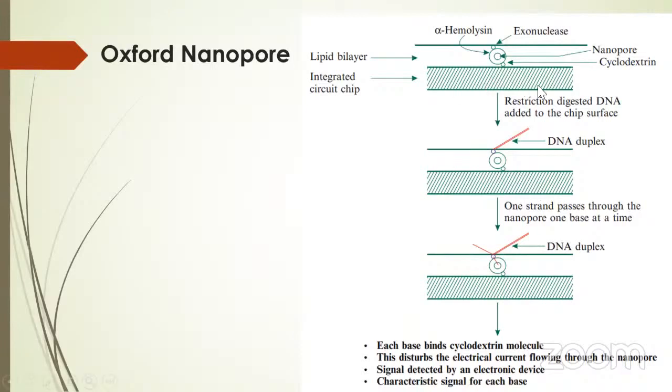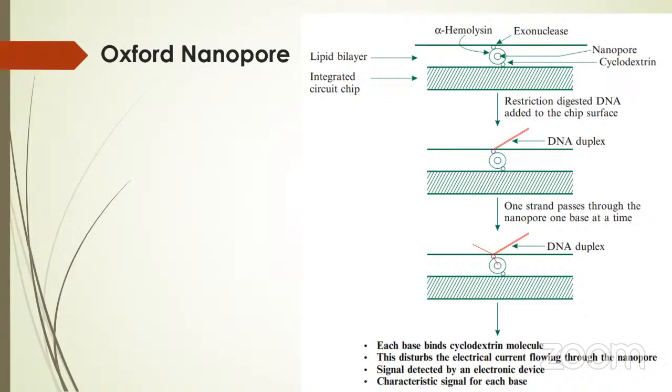Here we can see there is a nanopore, and cyclodextrin is used to capture the molecule. But what is the difference? Actually, the difference is that here we are not synthesizing. Actually, we are degrading. You must remember this terminology. Oxford Nanopore is not sequencing by synthesis.